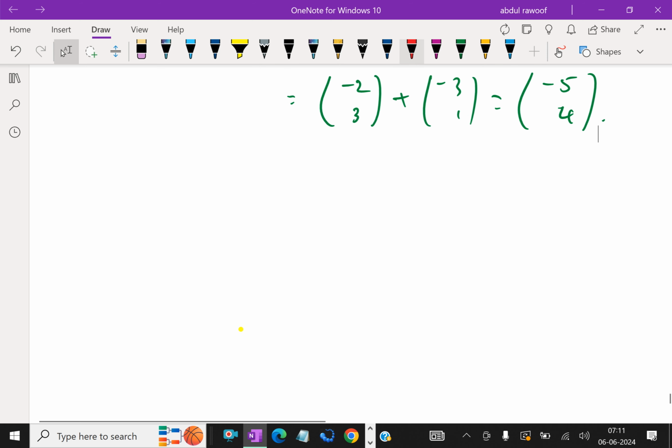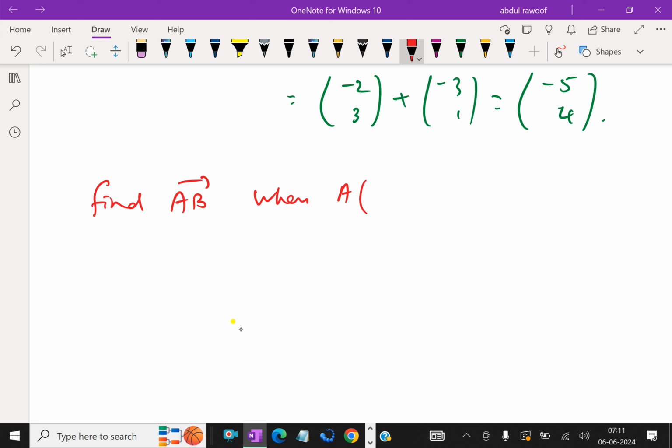One more example in a different form. Find vector AB when point A is given as 2, 3 and B is 5, 8. Here it is given horizontally, but it works the same way.